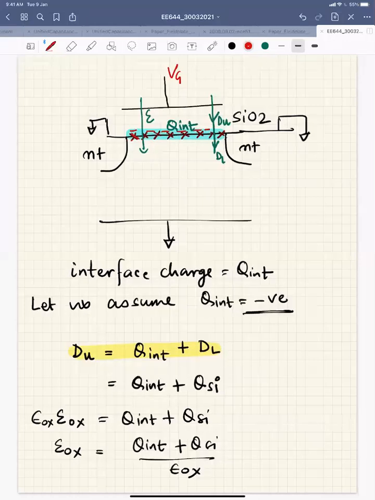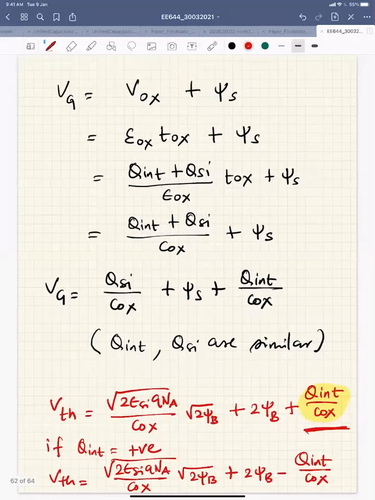Since the interface charge is also helping in inverting, or creating negative charges in the silicon, your threshold voltage will be lower. So for a practical silicon, I'll have these interface charges. If the interface charge is positive, my threshold voltage will be lower. If it is negative, your threshold voltage will be high.